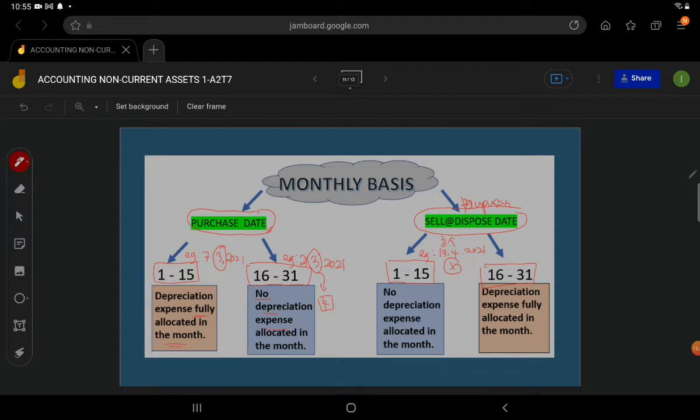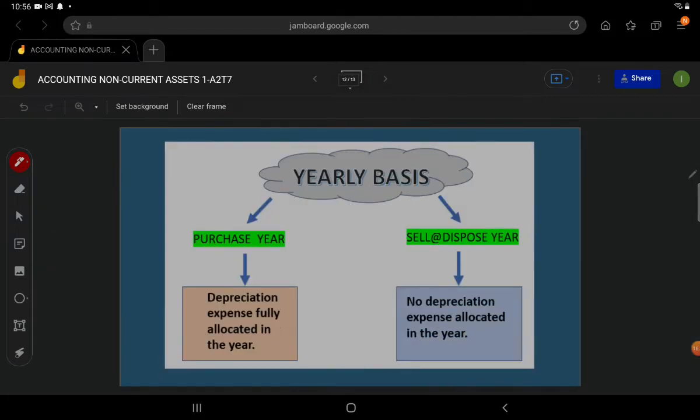Kalau kita dispose aset kita tu antara tarikh 16 hingga 31, maksudnya bulan dispose tu dikira full satu bulan depreciation expense dia. This is monthly basis. How about yearly basis? For yearly basis, at the same situation, but we look at the purchase year and dispose year.